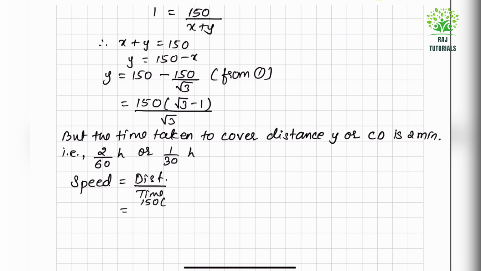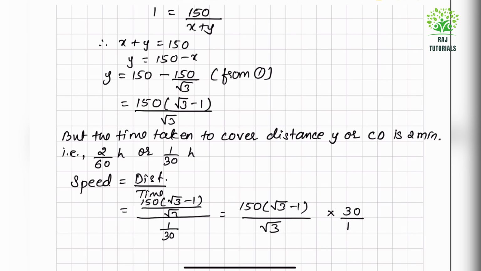So speed equal to distance upon time. So that will be equal to 150 root 3 minus 1 upon root 3 whole upon 1 upon 30. So this will come as 150 root 3 minus 1 upon root 3 into 30 by 1.